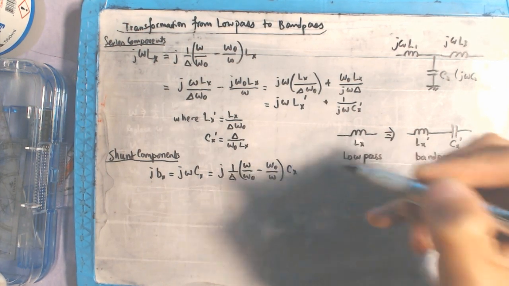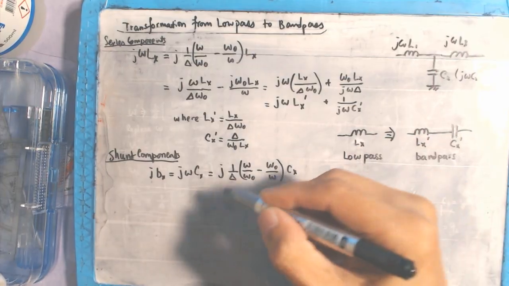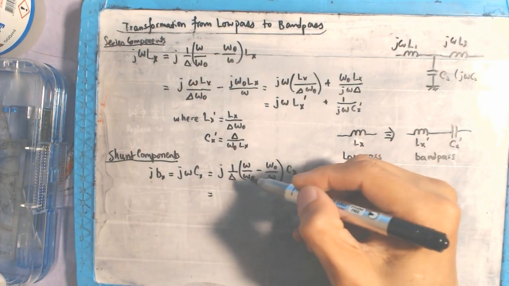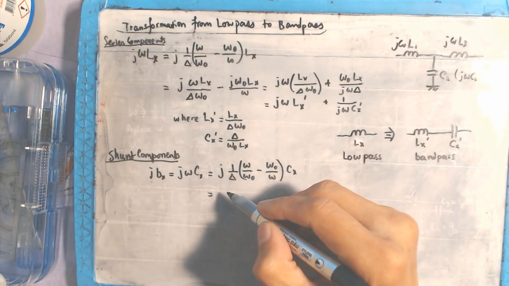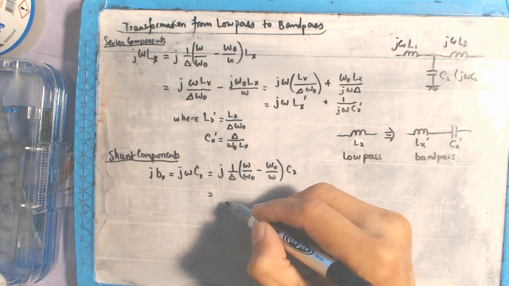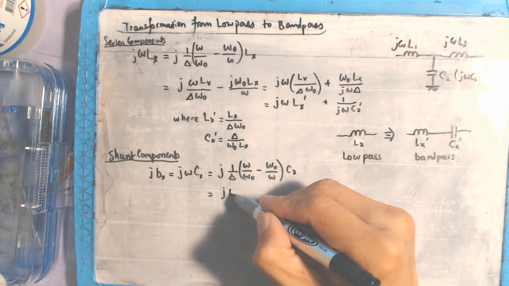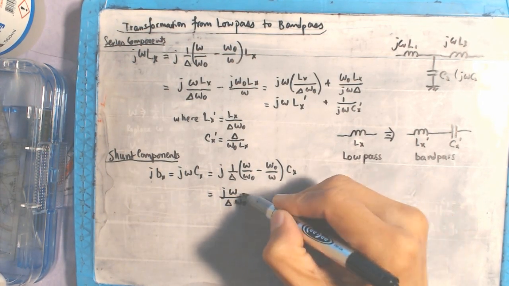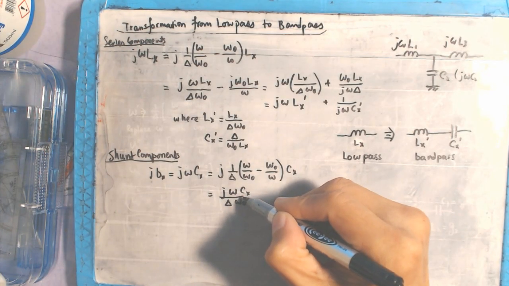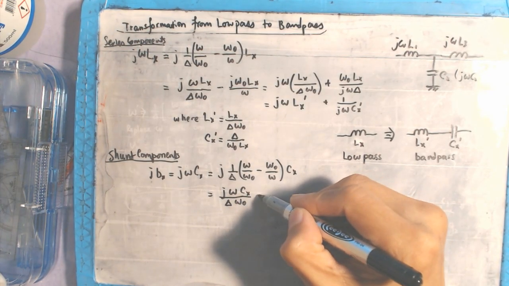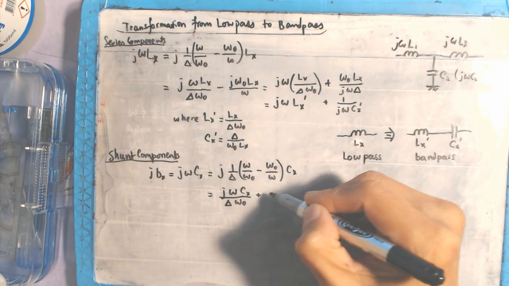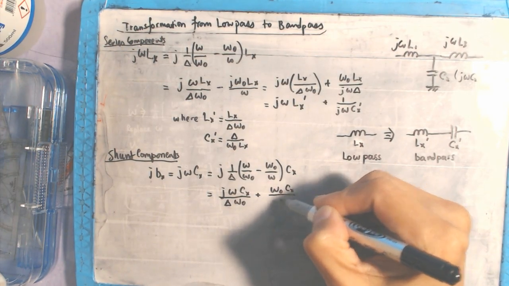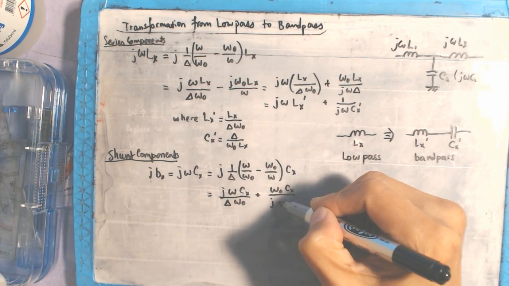So if you expand this, it will become J omega naught, and then Cx. And here it will become plus, and then omega naught Cx, and then J, and then delta omega.